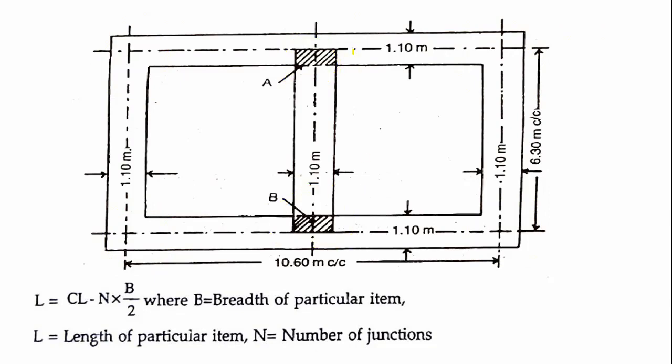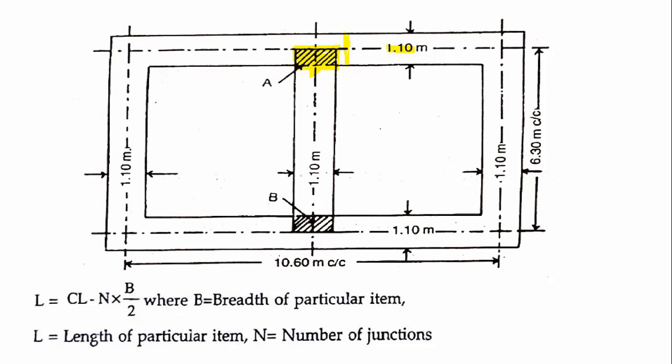Whenever we are calculating, we have to calculate how many junctions we have. Now how much quantity has to be subtracted has to be seen. If you see, this total width is 1.1 meters. How much quantity is getting doubled? From this center line till this portion, only half the portion is getting overlapped.